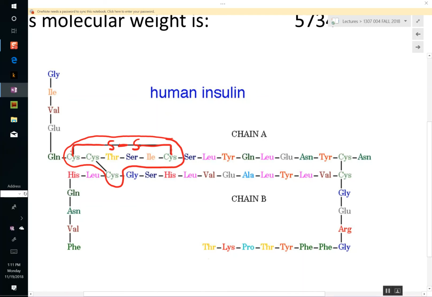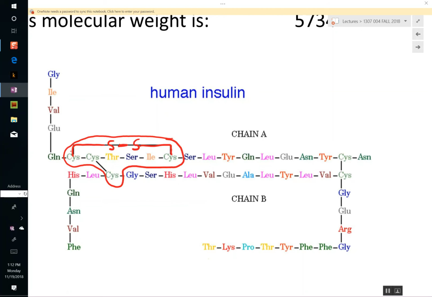Now, all of you could look this up. Don't do it now. You can do it after class. But bovine insulin is just like this, except for one amino acid in here. I don't know if it's this last one or this one, but there's one amino acid difference between human insulin and the insulin extracted from pigs.